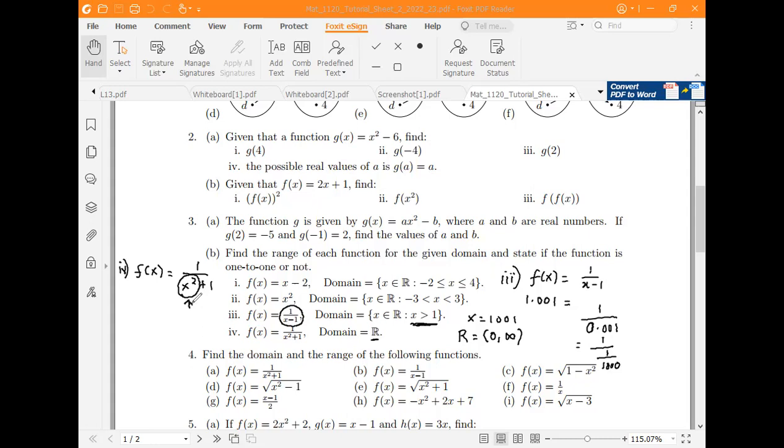Yes, because it's all real. So when x is 0, I can get the actual one. So the range for this one changes now. It cannot be 0, but it can only go as far as 1, because all the values of x are making the denominator bigger than 1. No matter how big, say 1.1, because it's bigger than 1, when you divide 1 by it, you're going to get a value less than 1, or at most equal to 1 if x is equal to 0.